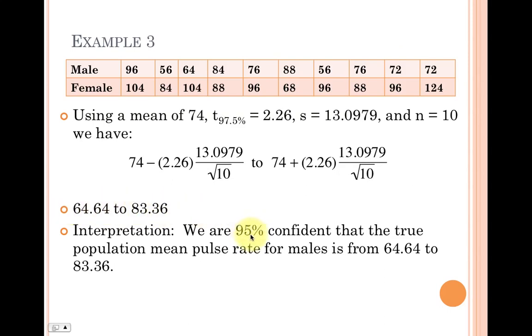So we always specify our degree of confidence. The 5% chance that we picked a bad sample is possible, and that's why we always state how confident we are in our current estimate.